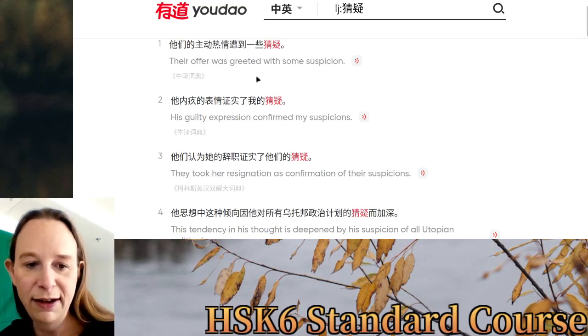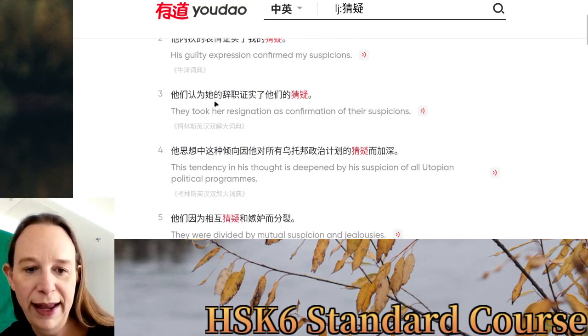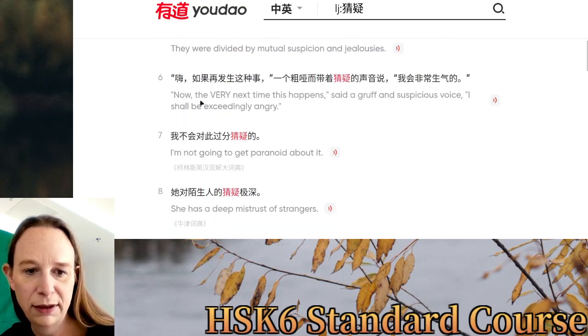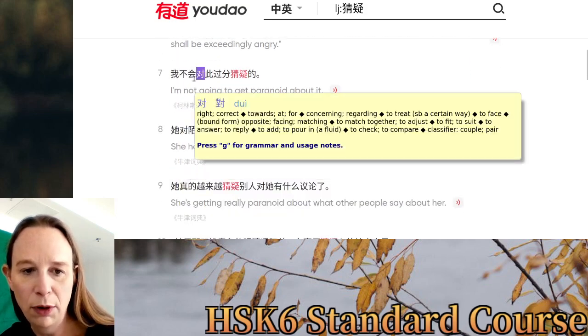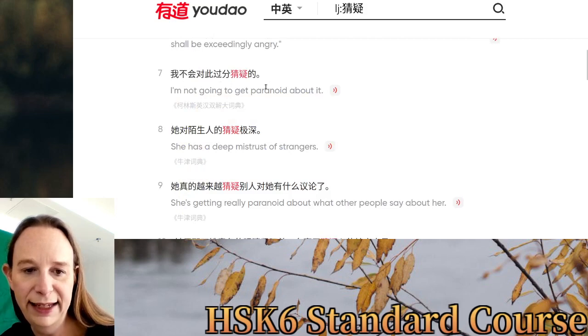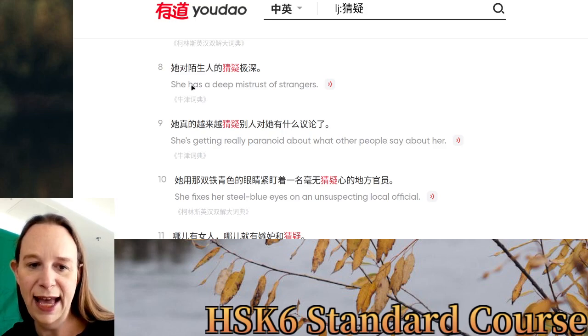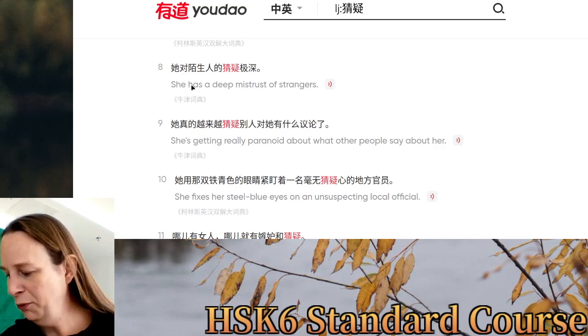All right. 他们认为他的辞职证实了他的猜疑. 他们因为相互猜疑和嫉妒而分裂. 我不会对此过分猜疑. Paranoid. 他对陌生人的猜疑极深, deep mistrust of strangers.